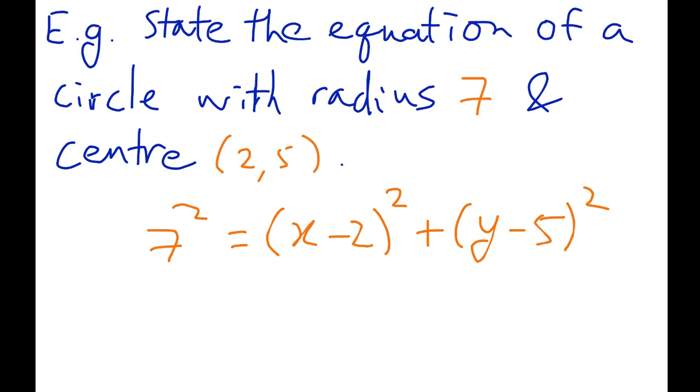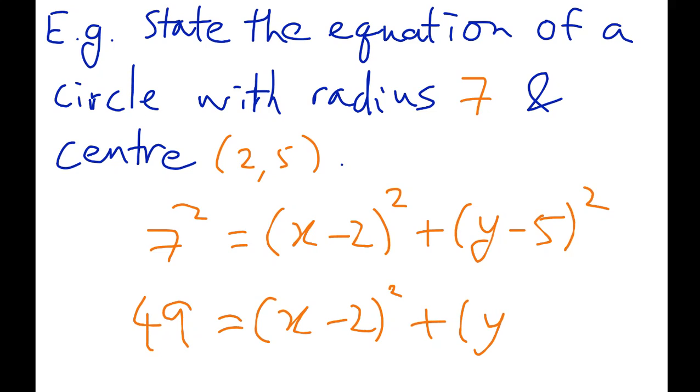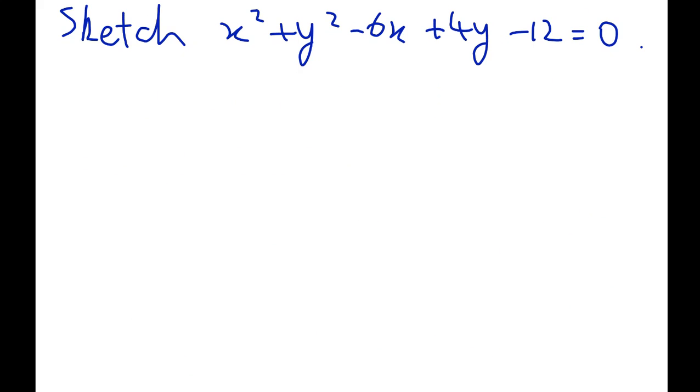It's easier reading the circle equation this way anyway. So then we have 49 equals x minus 2 squared plus y minus 5 squared. Note that although you don't need to expand the brackets, you do need to work out what r squared is. And then, sketch x squared plus y squared minus 6x plus 4y minus 12 equals 0.